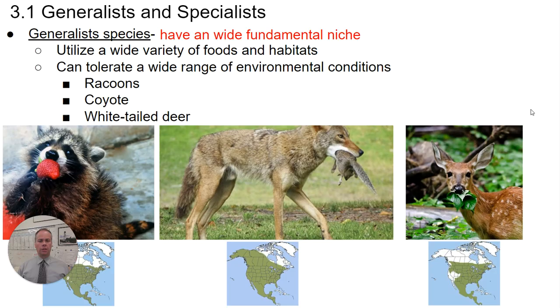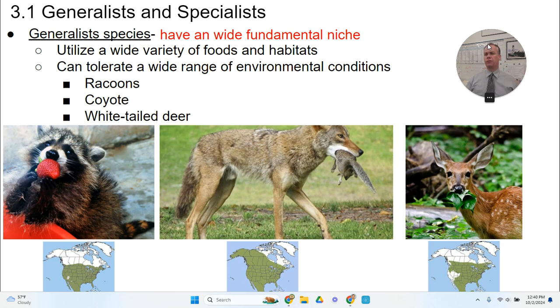So we're going to start here with just a pretty basic understanding of this concept of generalist versus specialist species. And we've talked about this a little bit in prior units, but when we think about a generalist, we're talking about a species that has a very wide, a very broad fundamental niche.